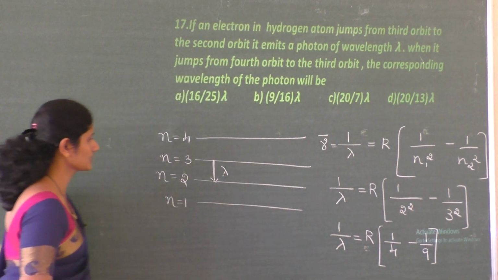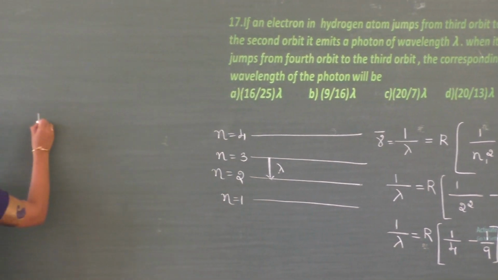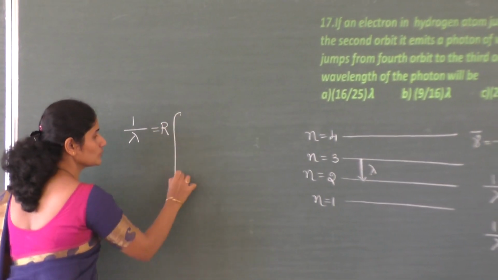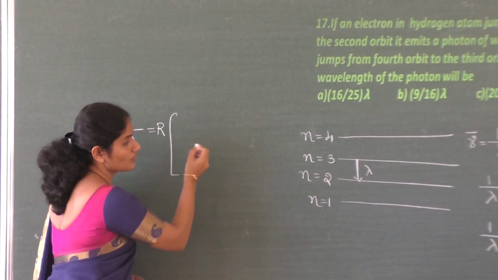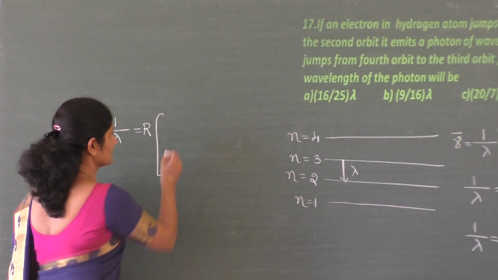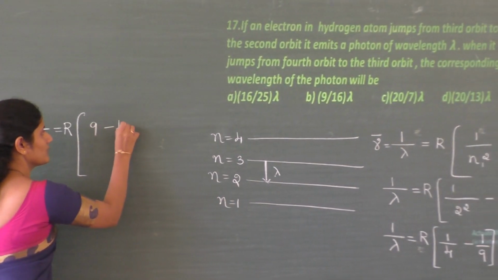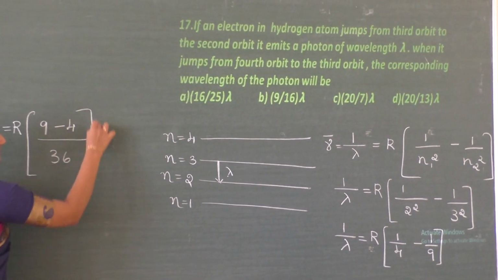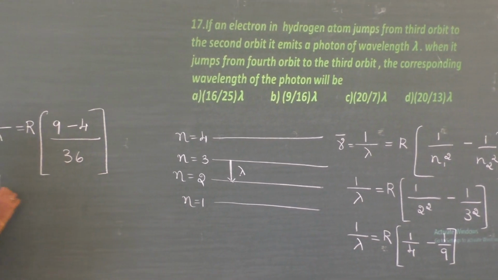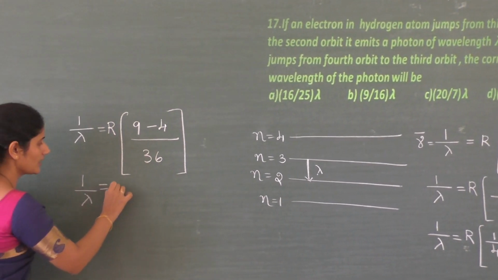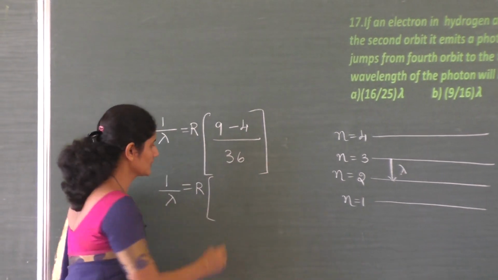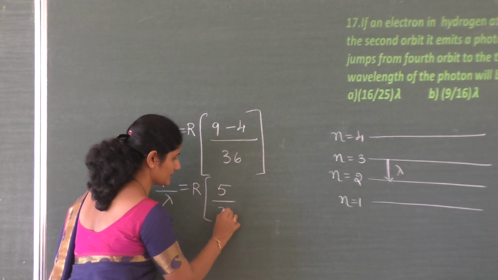On solving, 1 by lambda is equal to R into 9 minus 4 divided by 36. 1 by lambda is equal to R into 9 minus 4 is 5. So 5 divided by 36.